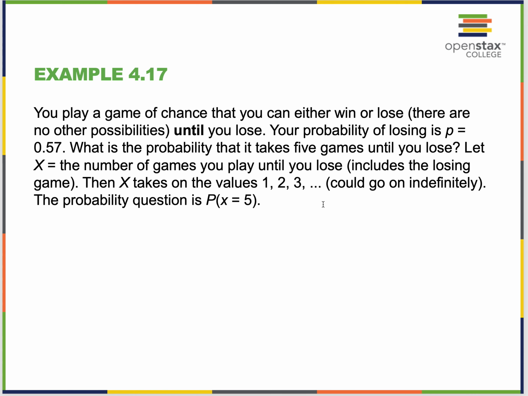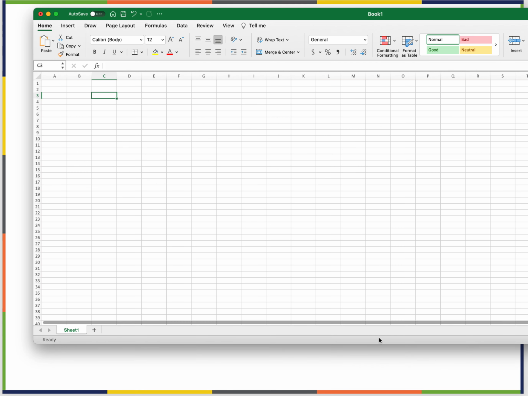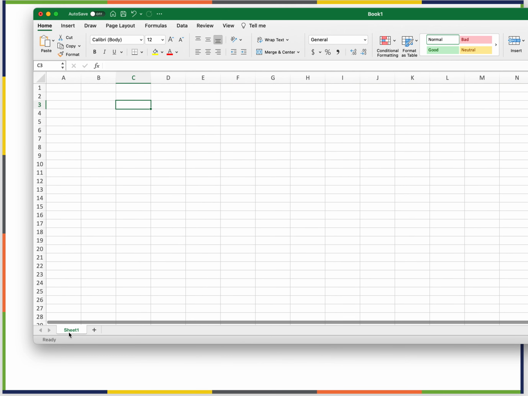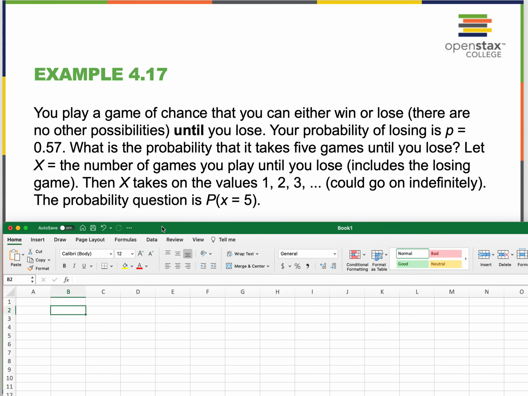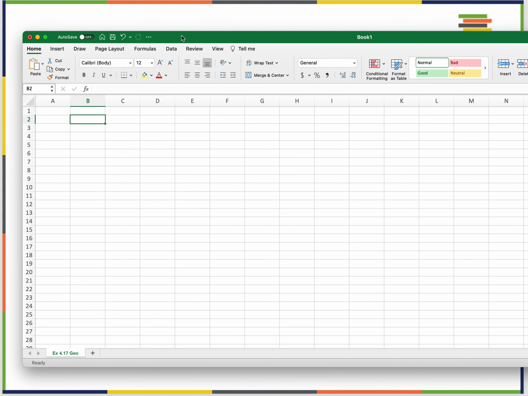So let's look at how this works. Let's go to Excel. And I can make this, of course, bigger. And this is example 4.17, and it's geometric. And so we have the probability of losing, the probability of the item we're interested in.